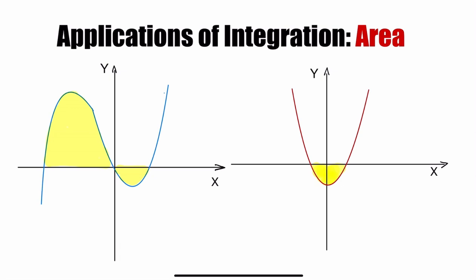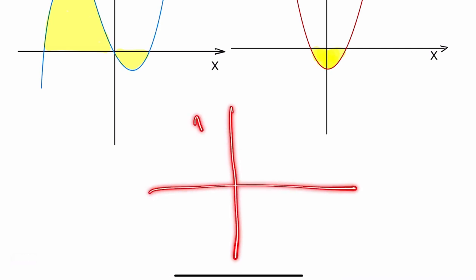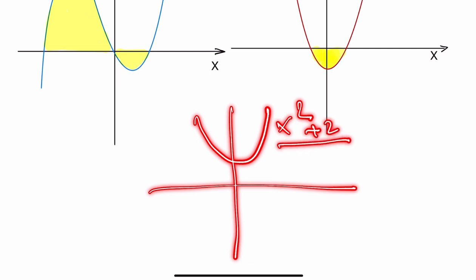For example, if we have a function which is always above the x-axis, like x squared plus 2, the area under the curve is just the area above the x-axis.